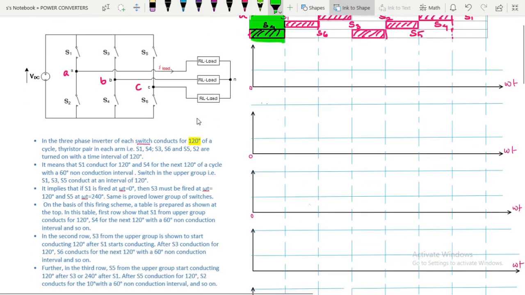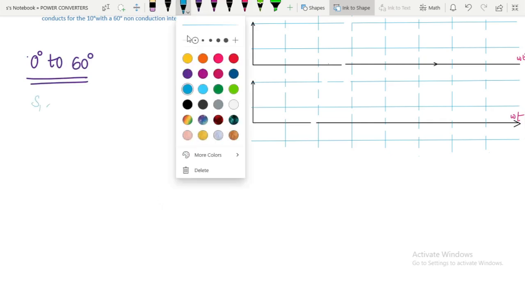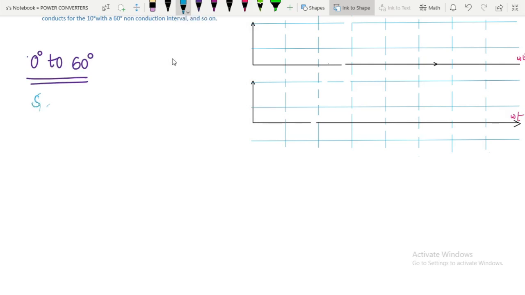S1 is the A wing, and S4 is the B wing. So let us see what is happening from 0 degrees to 60 degrees. The switches that are conducting are S1 and S4.